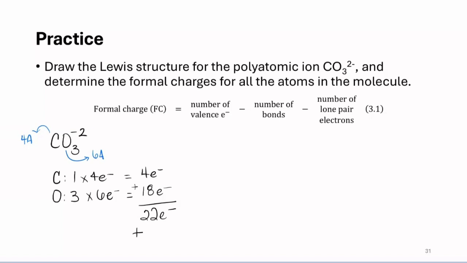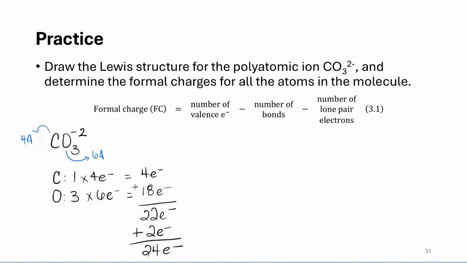So we're going to add to the 22 that come from the atoms 2 electrons specifically, because the charge of this polyatomic ion is 2. So this is 24 electrons total. It's what carbonate has available for bonding to build this Lewis structure.